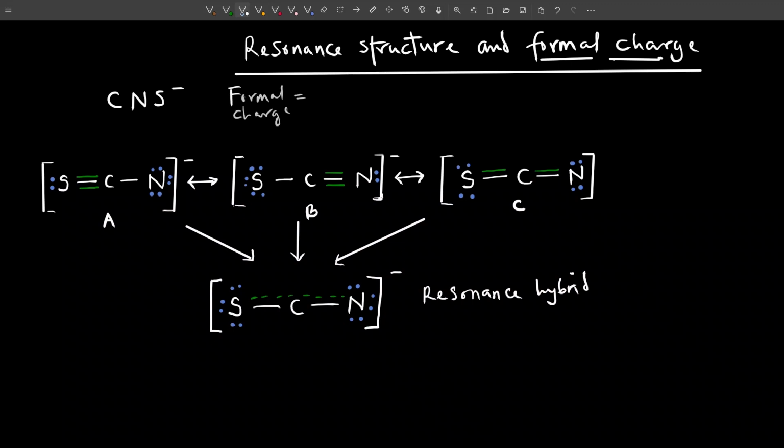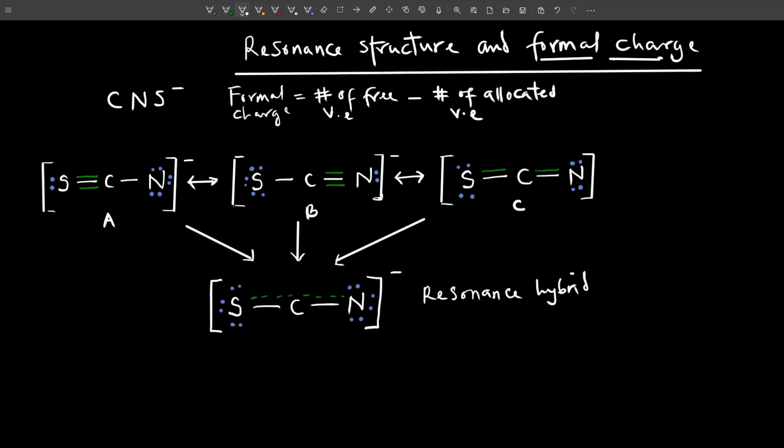The formula for formal charge, let me write it up here. Formal charge is equal to the number of free valence electrons in an atom minus the number of allocated valence electrons. Allocated, I mean the ones that belong to that particular atom.